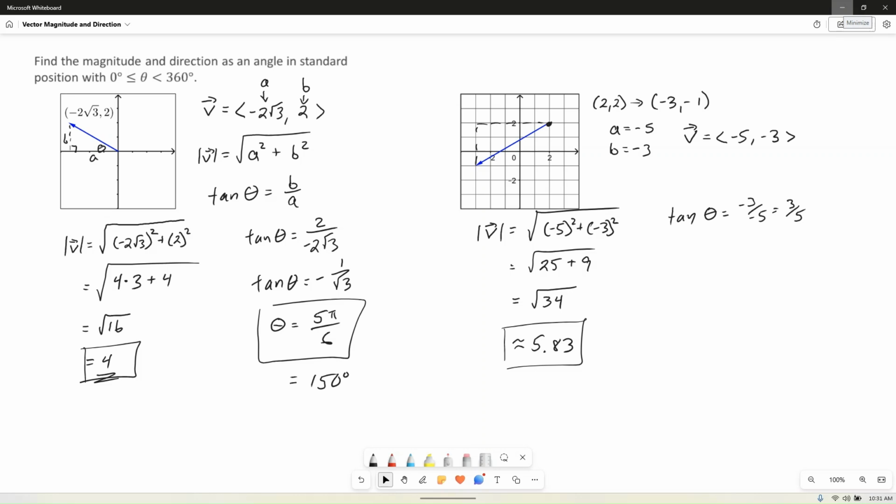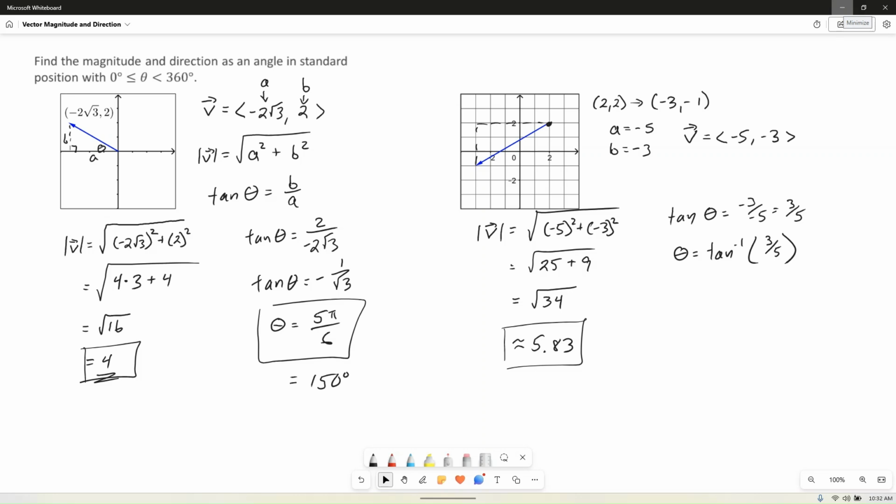And so how do we figure out what the angle is if it's not a nice unit circle value? Well, we're going to have to use an inverse tangent. So theta is going to equal the inverse tangent of a positive 3/5.